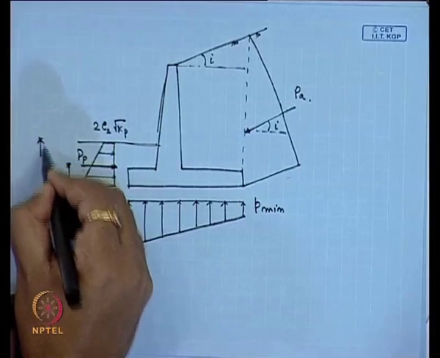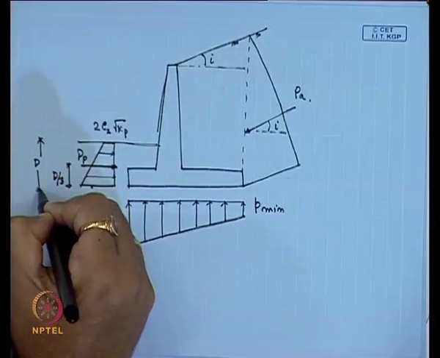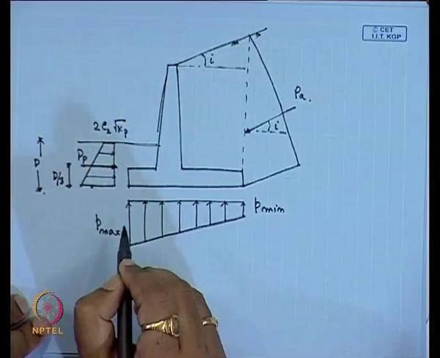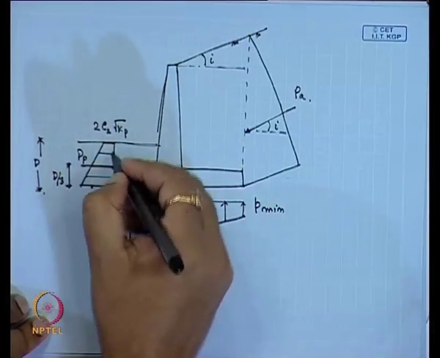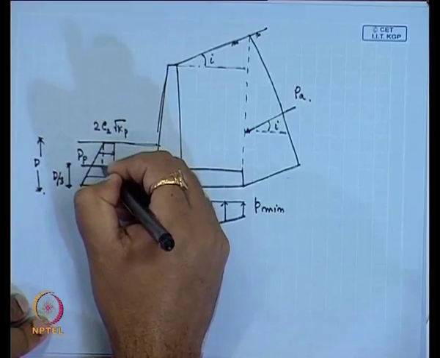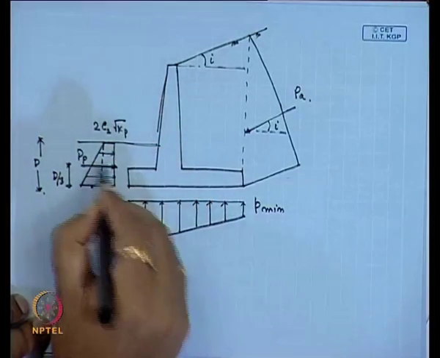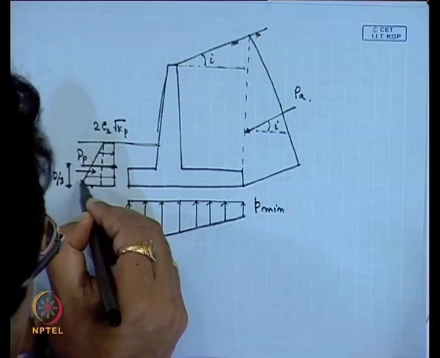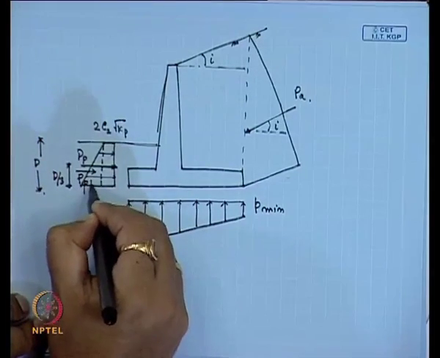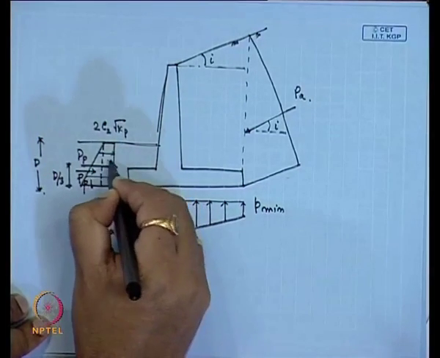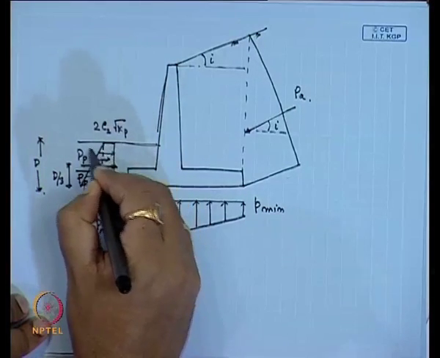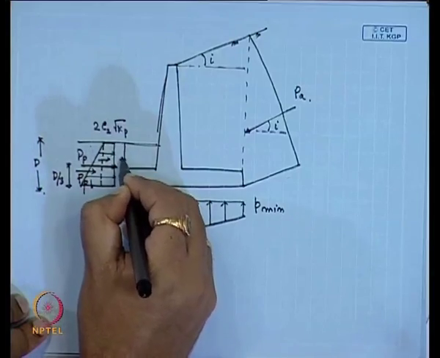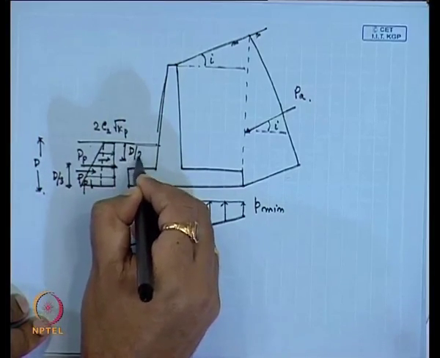If this distance is d, then for this P p we can divide this part into two different portions. One is P p 1 and another is P p 2. This P p 2 will act at a distance of d by 2.